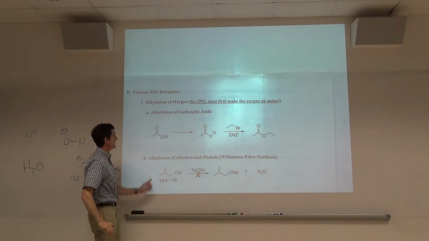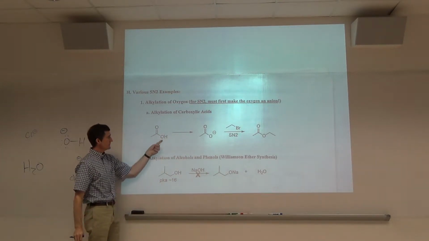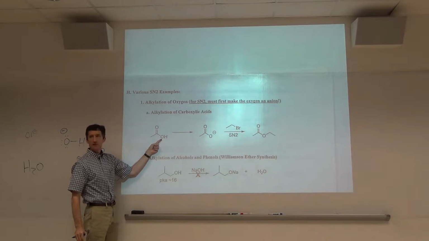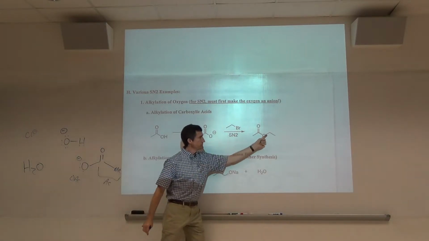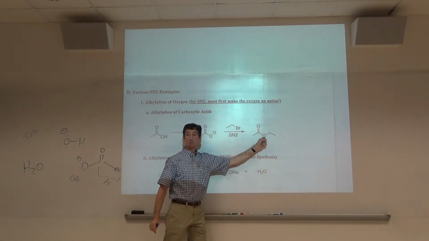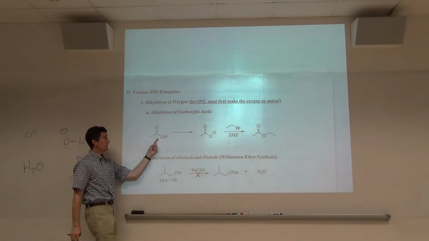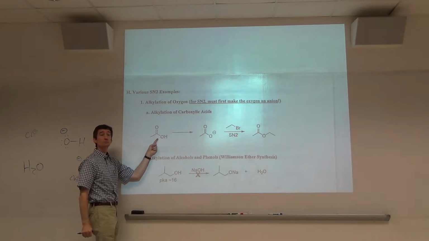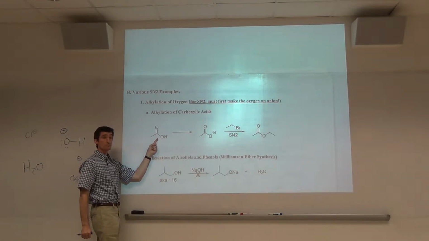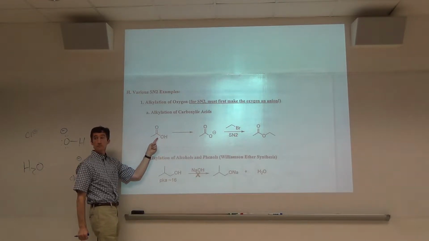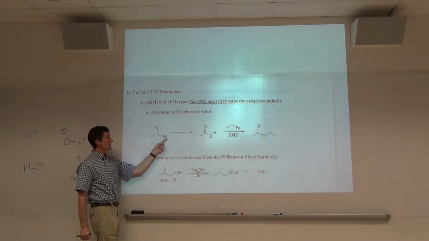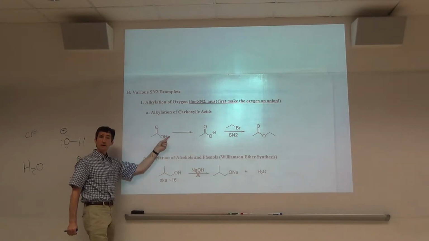First one is going to be alkylation of carboxylic acids. Here's a carboxylic acid. We're going to put an alkyl group on this oxygen, and when we do, it's going to become an ester. How can we do that? First off, is this a good nucleophile for SN2? No, it's not an anion or a base. Now, is this going to be the nucleophile or the electrophile for SN2?